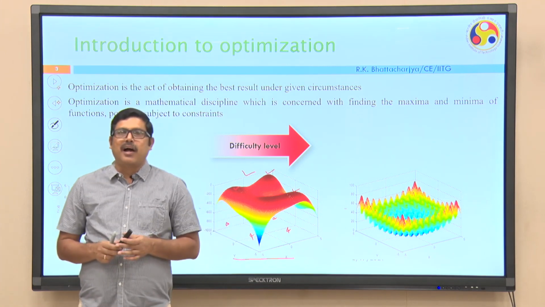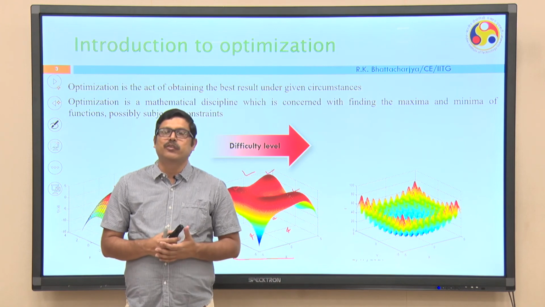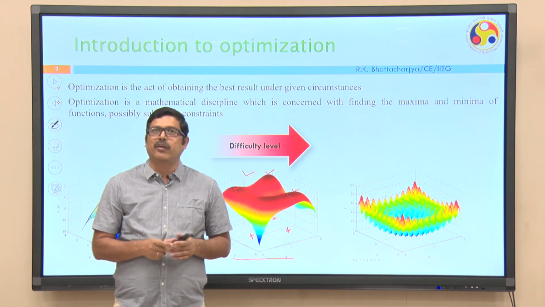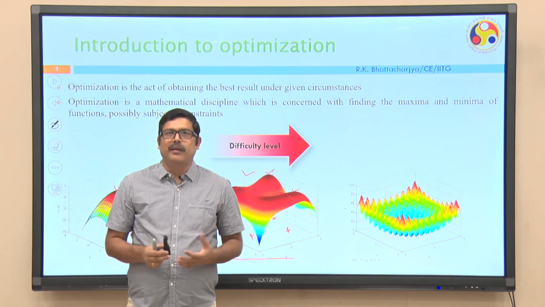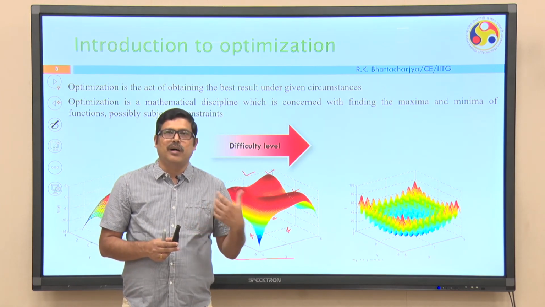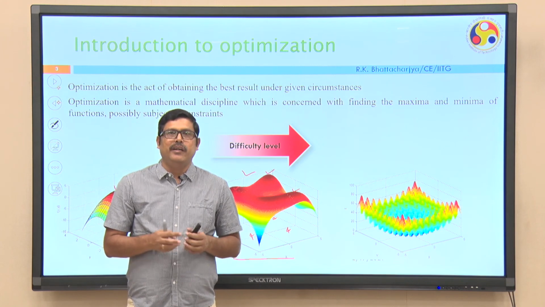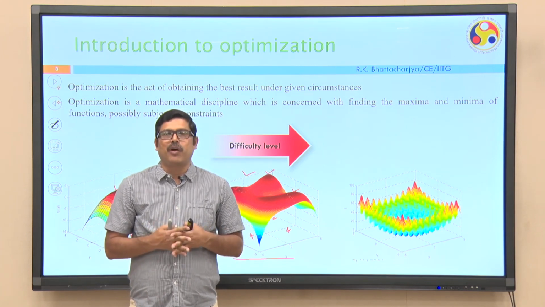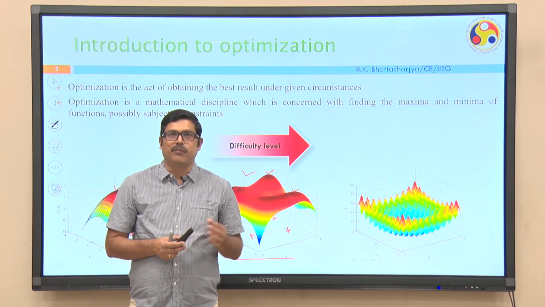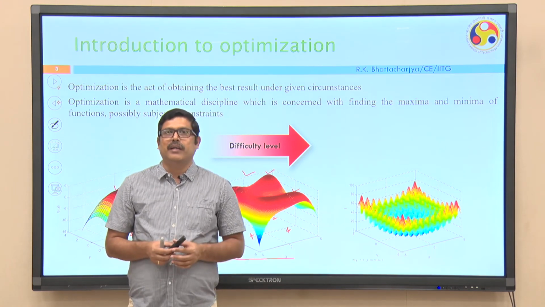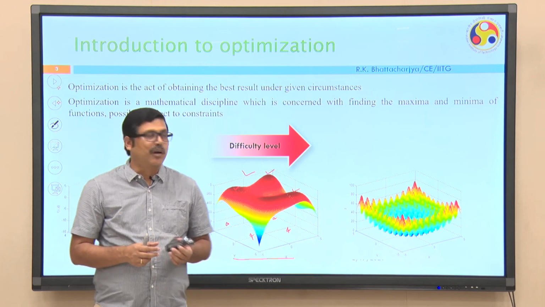But still I say that this problem can also be solved using a classical method. You just change your initial solution, and you may get one of the optimal solutions, and if you do some random trials, you may get all these 4 optimal solutions of this problem. So you may apply a classical method to this particular problem.